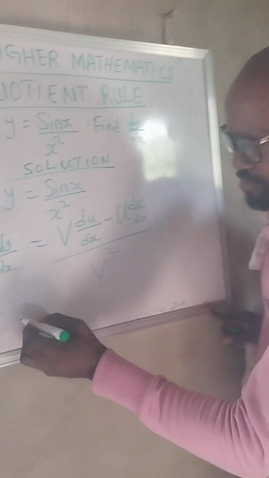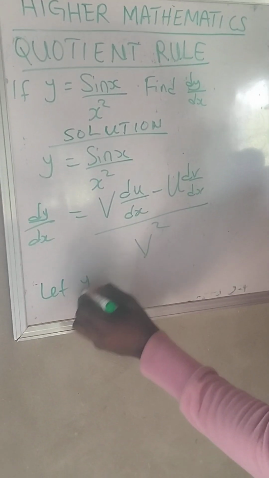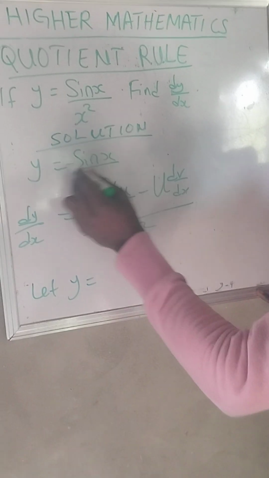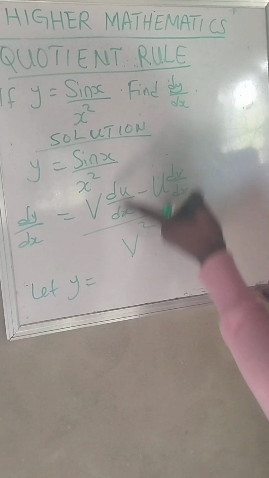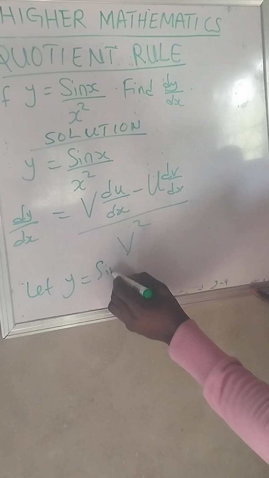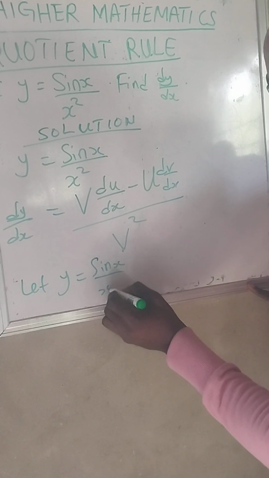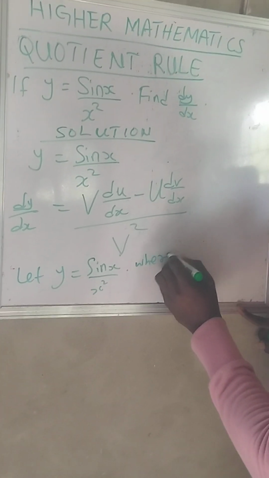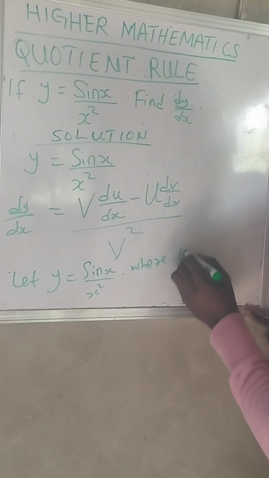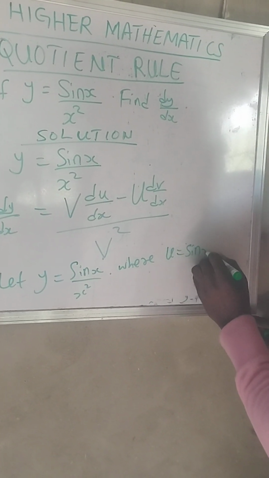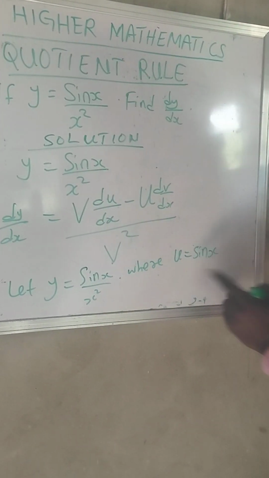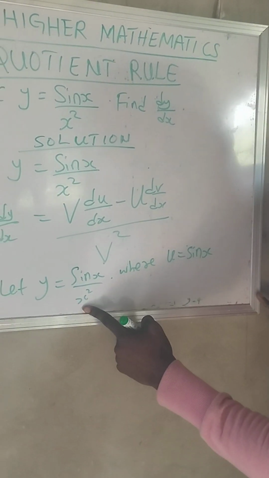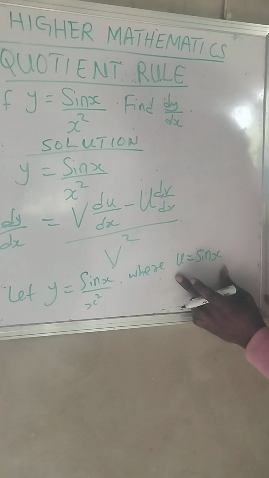Now, what does that mean? Let's see. Let y be equal to, from this function here, sine x over x squared, where u equals sine x and v equals x squared. First of all, let's work on this.